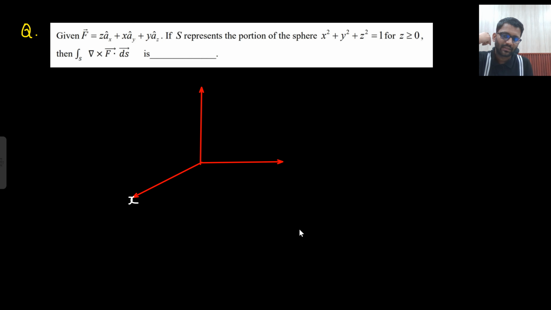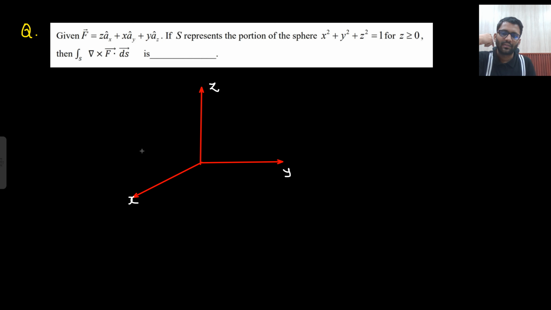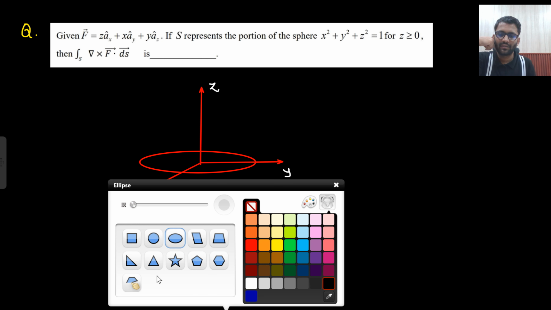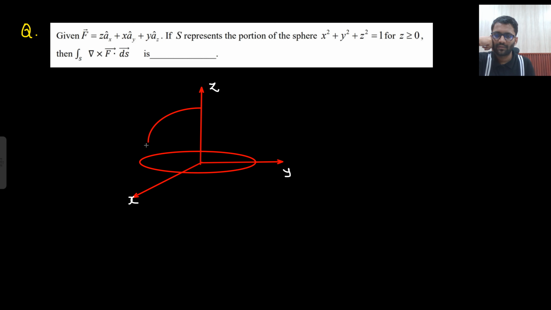This is your x, this is your y, this is your z. Z should be greater than 0. So this is what it will represent.